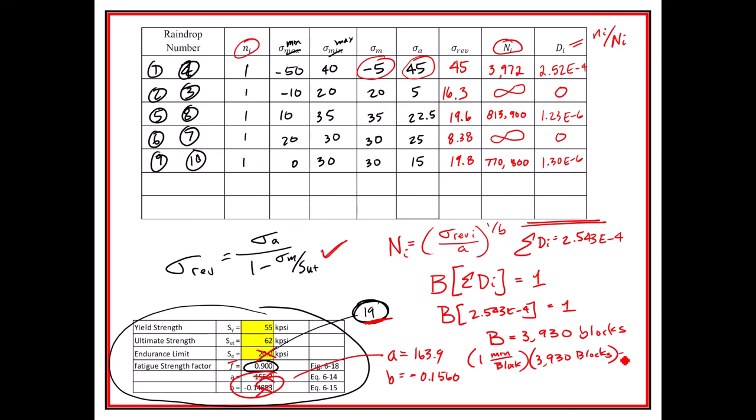Duh. 3,930 minutes, right? So divide that by 60, and the time estimated, how long this thing will live, ends up being 66 hours.